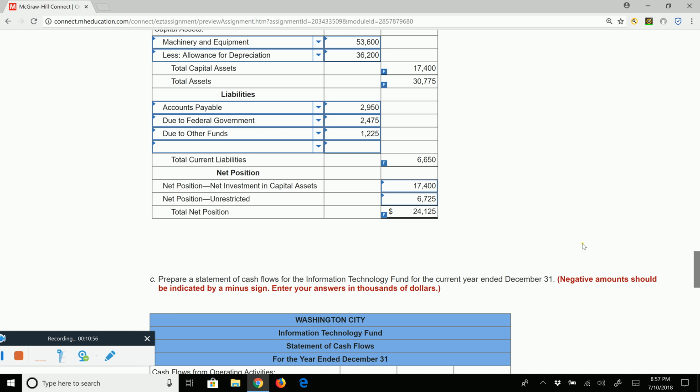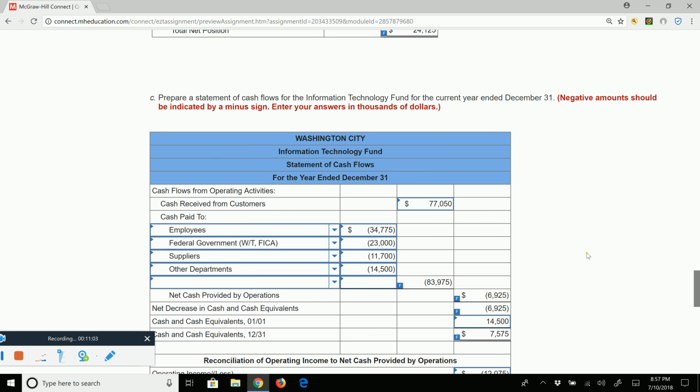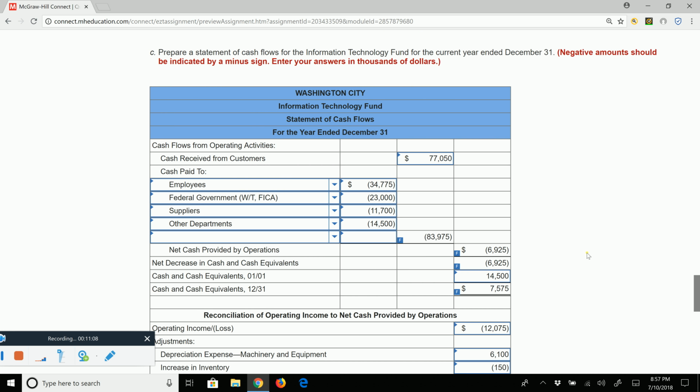And proprietary funds are the only place where we are required to prepare cash flow statements as well. And the cash flow statements would be prepared using the direct method, as you see here. We have cash flows from operating activities, from customers, and then cash paid to employees, the federal government, the suppliers, and the other departments. Okay, that gives you your net cash provided by operations.